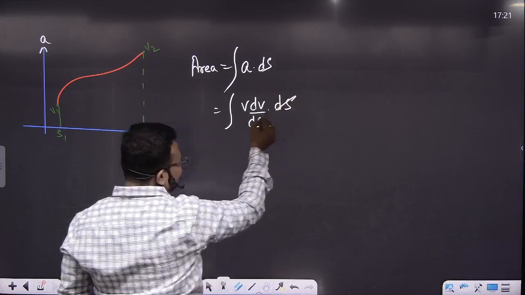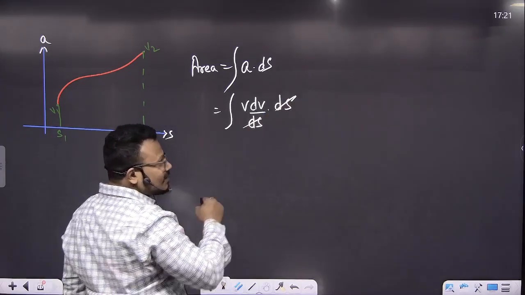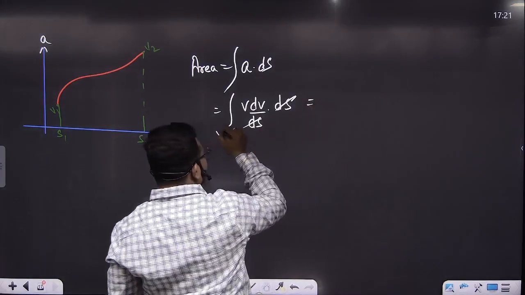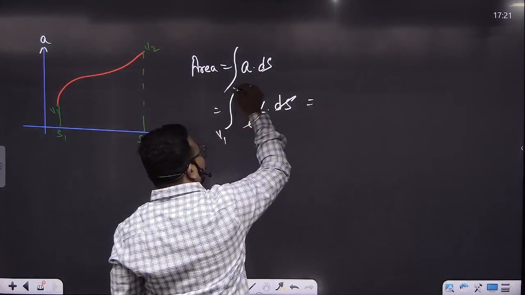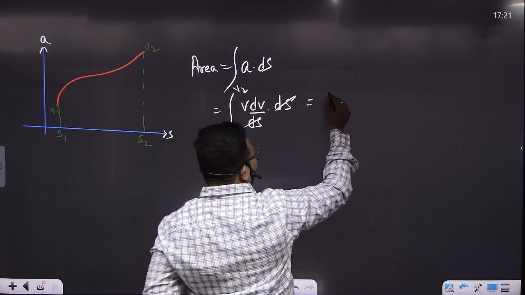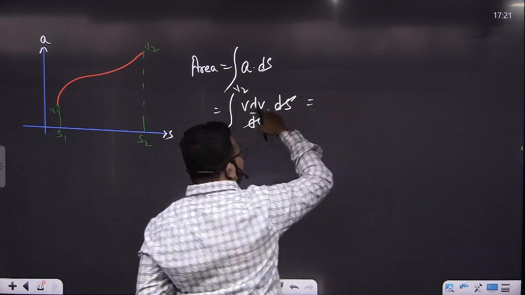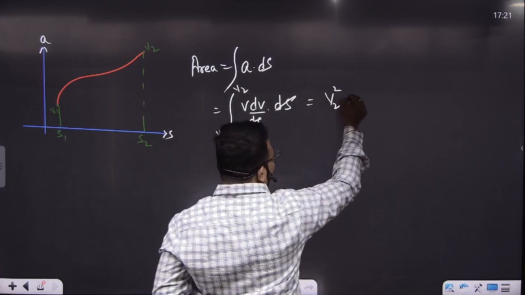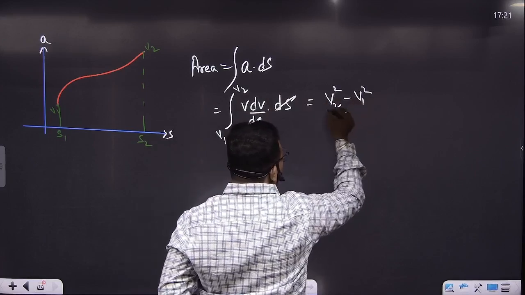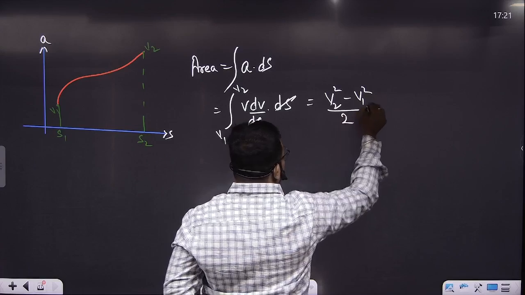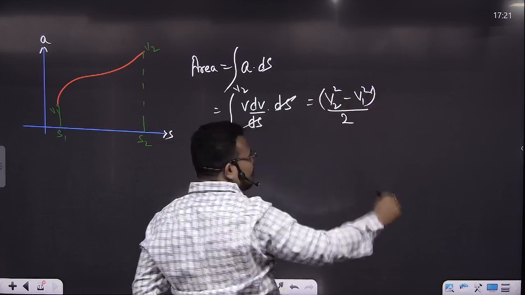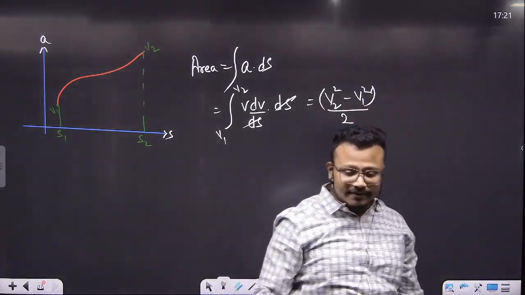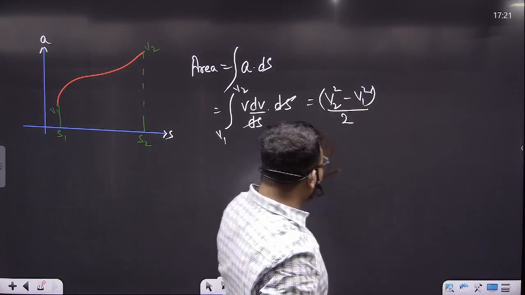So ds cancels. V initially was v1, finally it was v2. So what we have got is v squared by 2, meaning v2 squared minus v1 squared by 2.